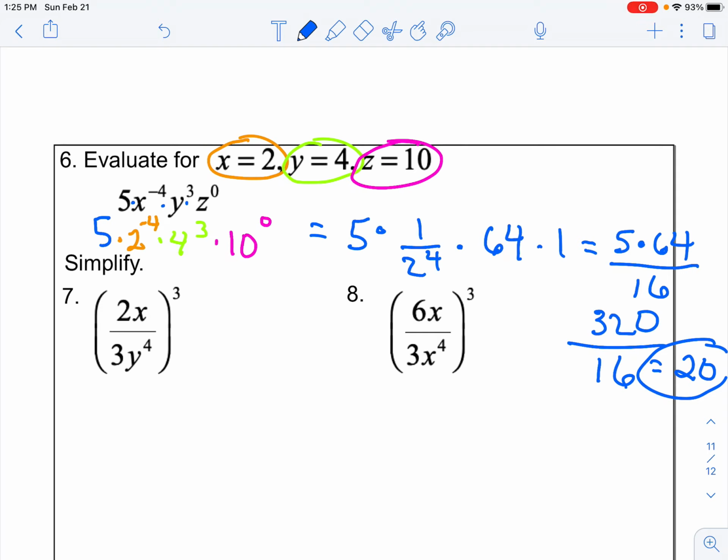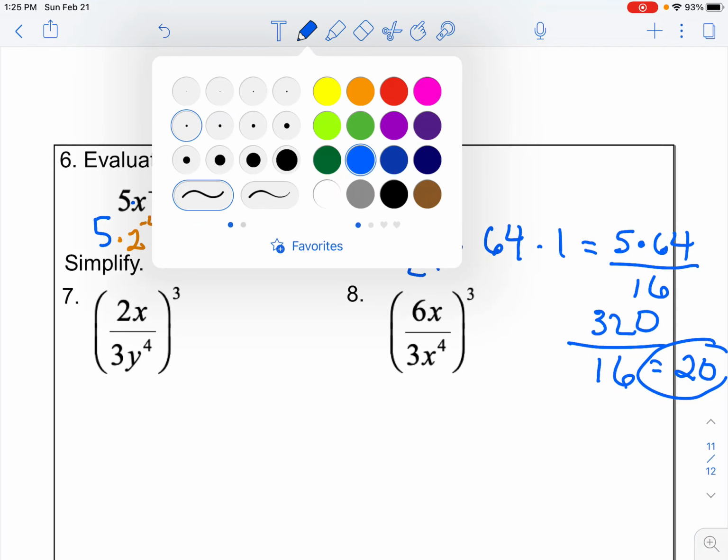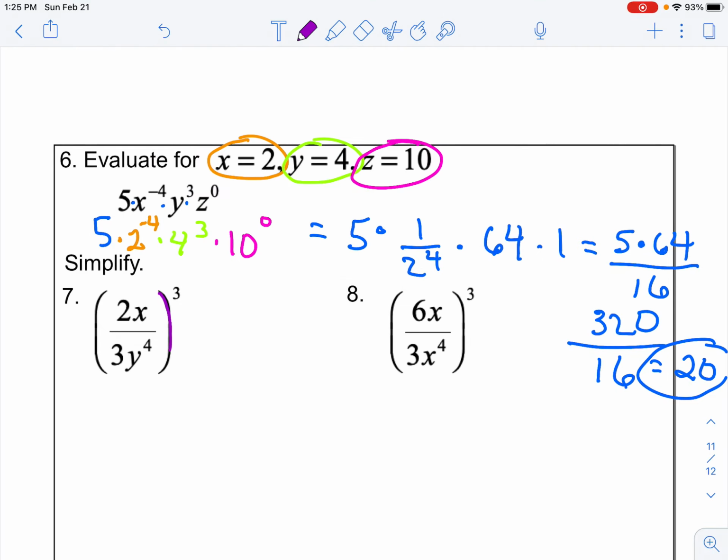Question number 7, we are not plugging values in for x, y, and z. Okay, we are just simplifying some more. So if I simplify, remember I'm taking all of this and raising it to the third power. So now I'm going to take 2x over 3y to the fourth and raise that to the third power.